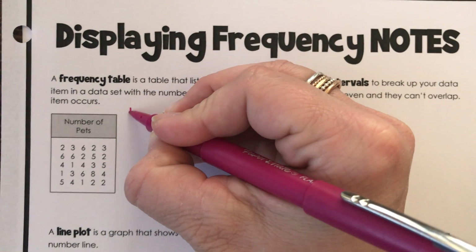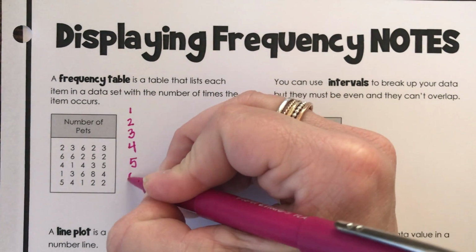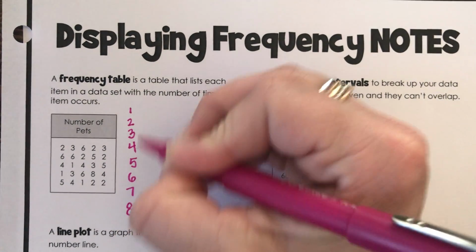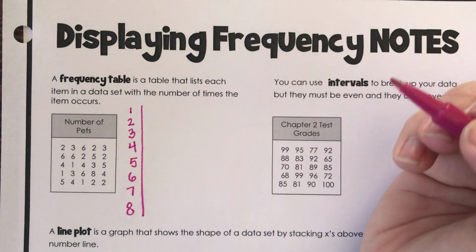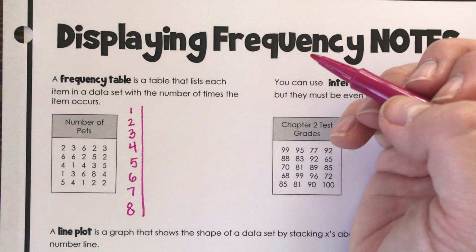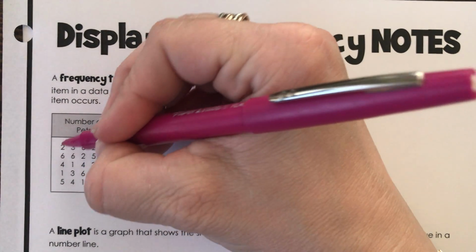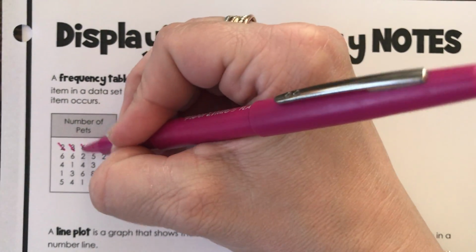So we're going to list out 1, 2, 3, 4, 5, 6, 7, 8. Now we're just going to do tallies. We're going to go through our data and tally up how many times each data item occurs. So I have a 2, a 3, and a 6.